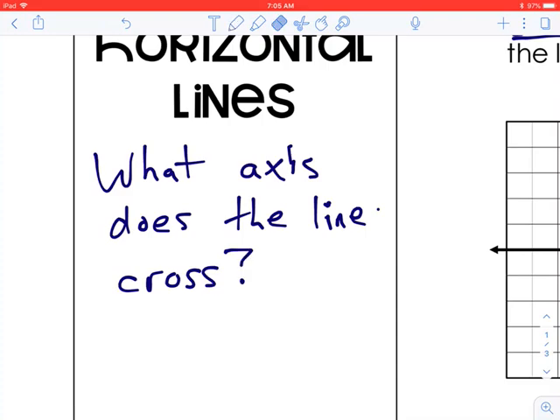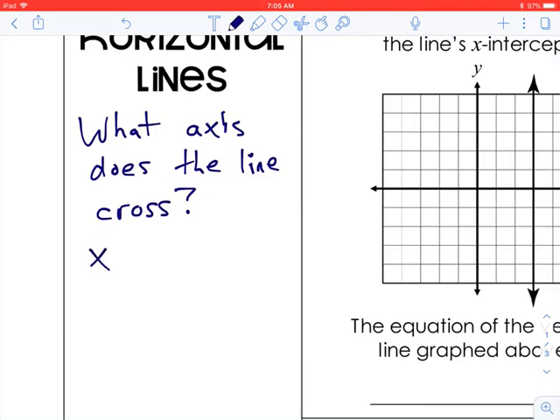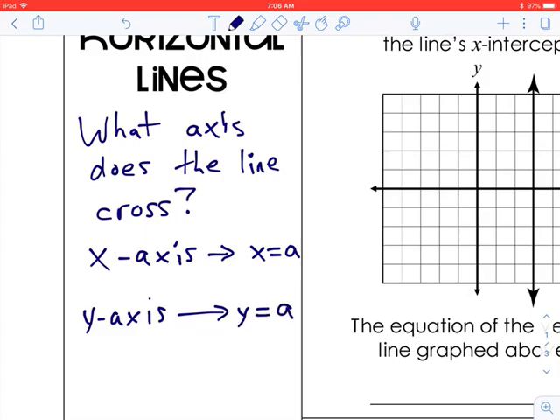If it crosses the x-axis, that means it's x equals whatever. If it crosses the y-axis, that means it's y equals whatever the number is.